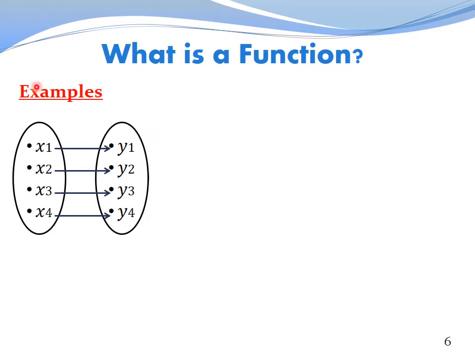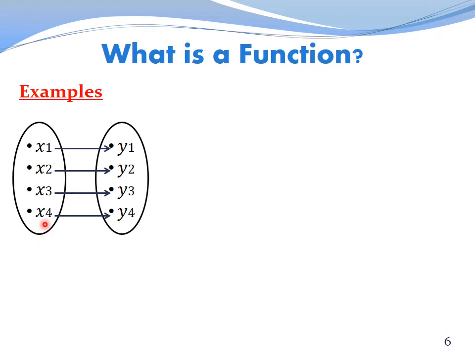This means that this is a relation, because it satisfies the simple definition of a relation, which is that you have input values, and for each input value you have a corresponding output value. Okay, so this is a relation, but is this a function or not? Let's go back to the definition of the function. The function is defined as a relation for which each input value corresponds to one and only one output value.